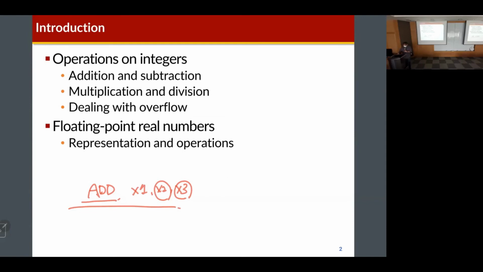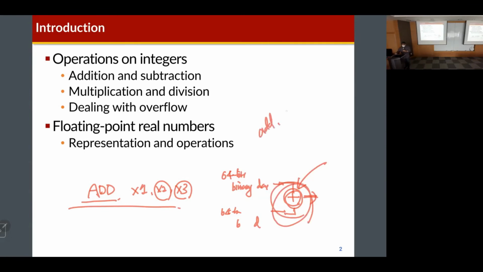So 64-bit binary data is read from x2 in the register file, and another 64-bit binary data is read from x3. Then we need to perform the add operation, and the result is generated. In chapter 3, we will learn how to build this part, and how to build the add, sub, multiplier, or divider in computer hardware.